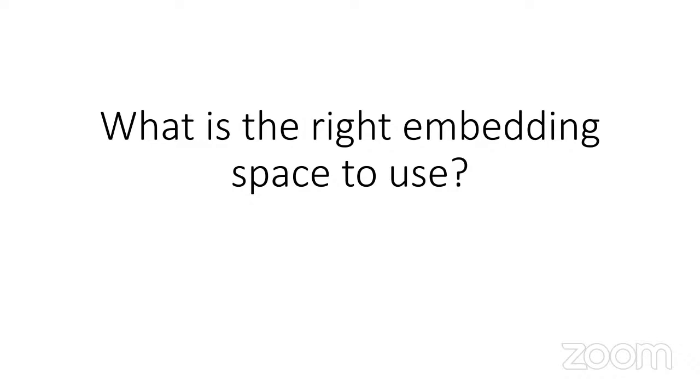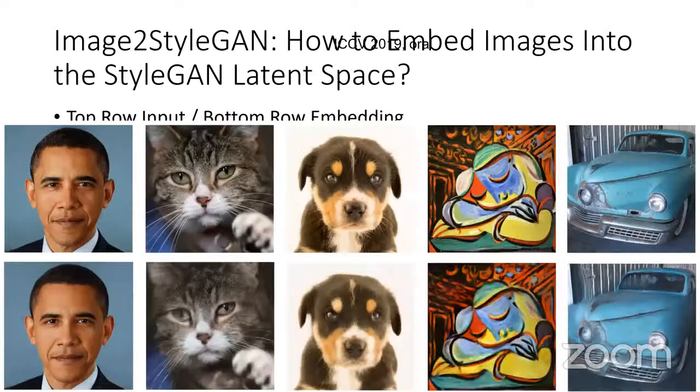This is very early work, image to StyleGAN, that we worked on. And then what you see way on the left, if you go to this more extended space that we call W+, you can embed faces such as Obama, but you can also embed a cat and a dog and a painting and a car.